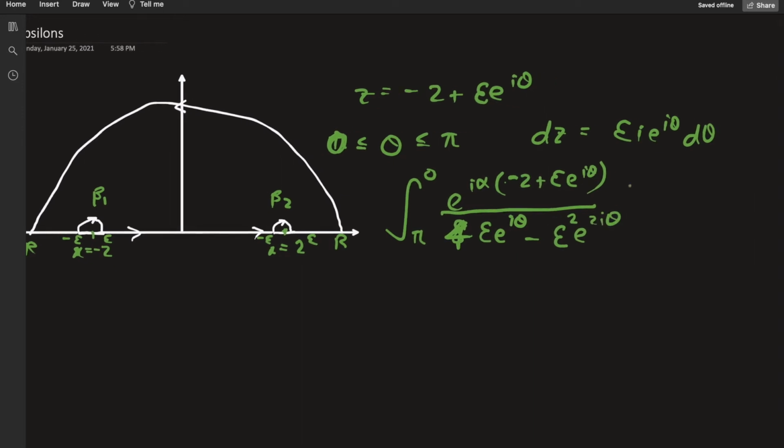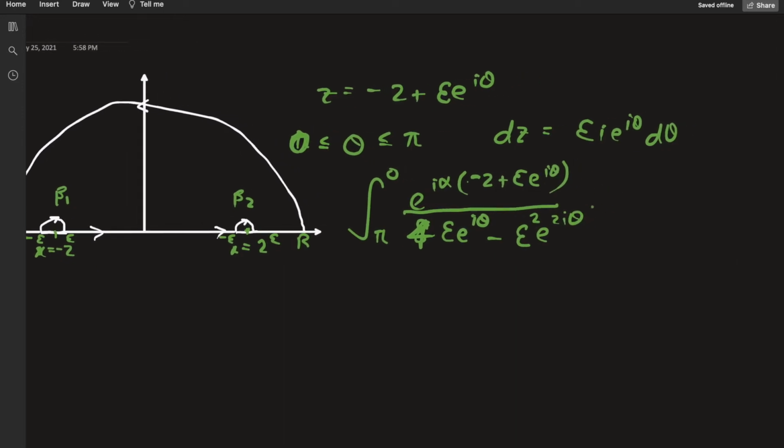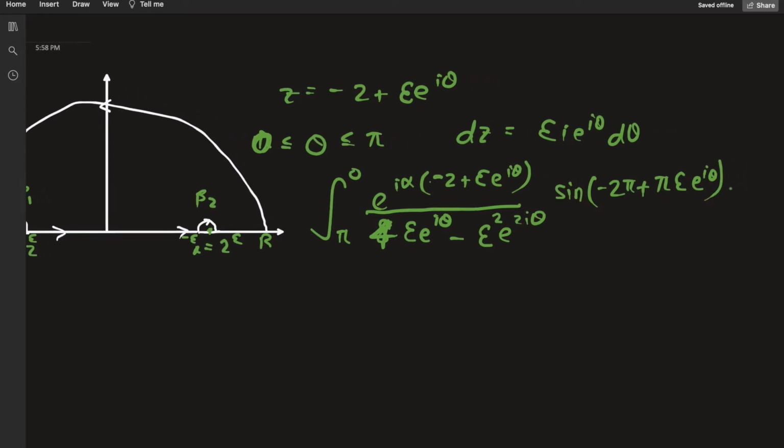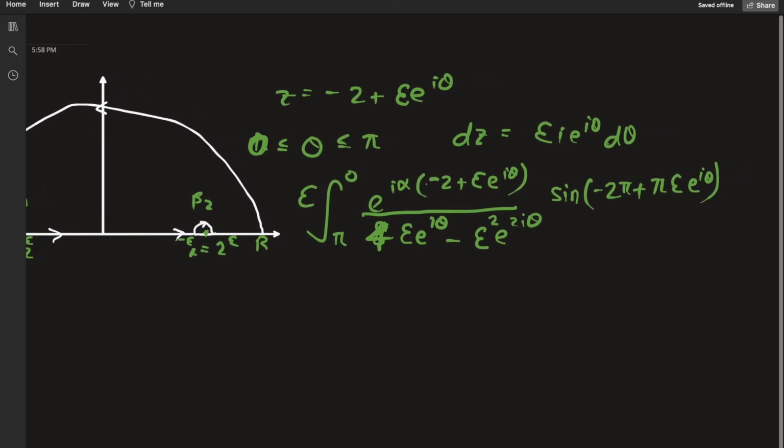Then we have the sine part, so sine of -2 pi plus pi epsilon e to the I theta, and we have the epsilon I d theta.